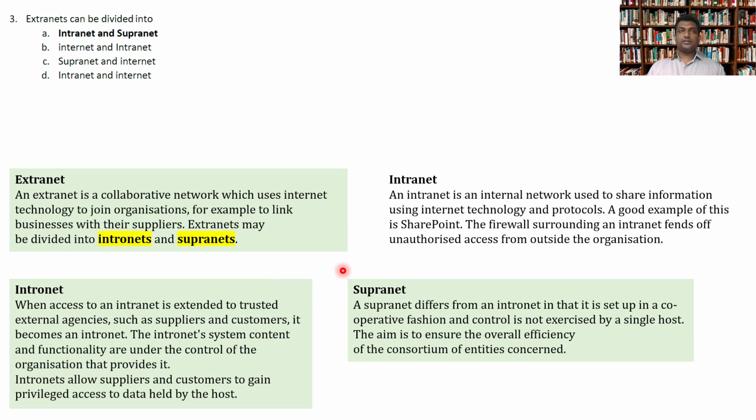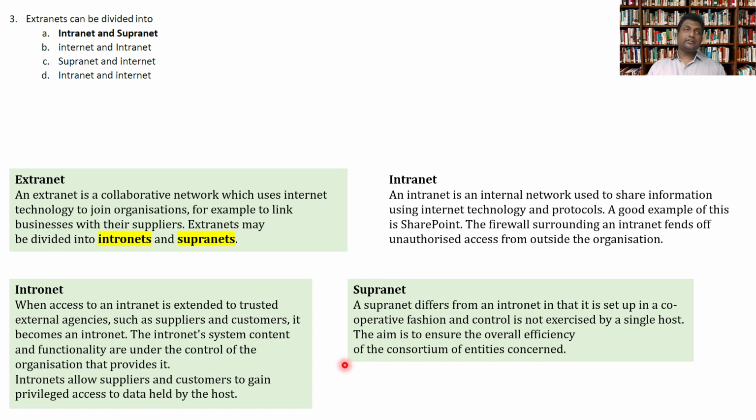Then what is supranet? If you take an example like the CRIB information, the Credit Information Bureau network. For financial institutions, banks and leasing companies, they connect to the CRIB system. All their customer related data will be sent to the CRIB information system.